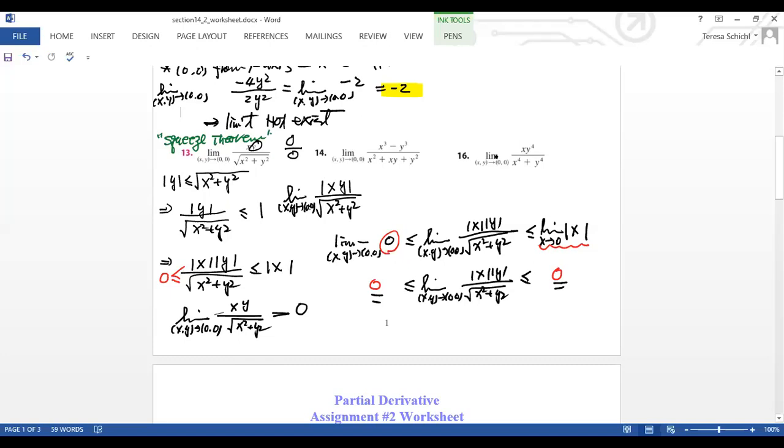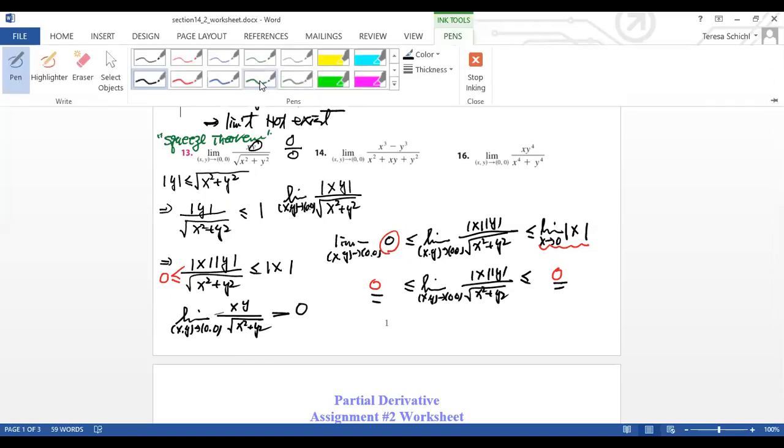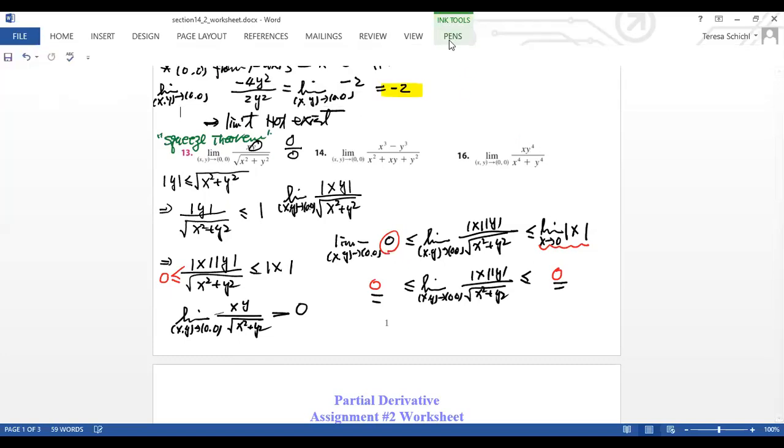So here's a hint for number 16. You can do the same thing. You say y to the fourth over x squared plus y to the fourth, right? If you take a look at this part, it is less than or equal to 1, right?